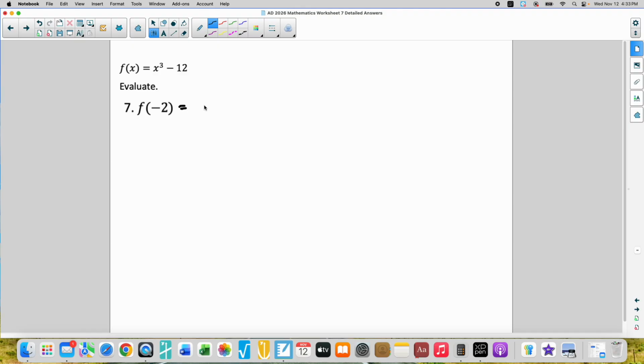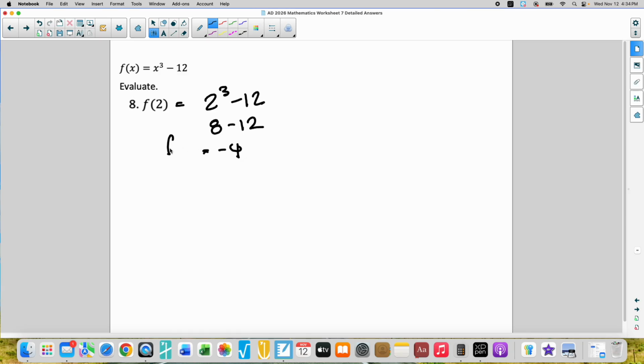We're going to plug in negative 2 cubed minus 12, which gives us negative 8 minus 12, which is negative 20. So f of negative 2 equals negative 20. 2 cubed minus 12 is 8 minus 12, which is negative 4.